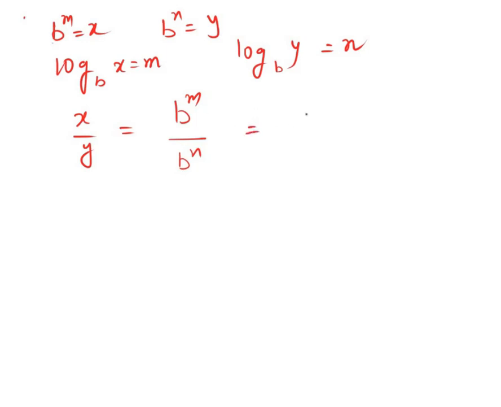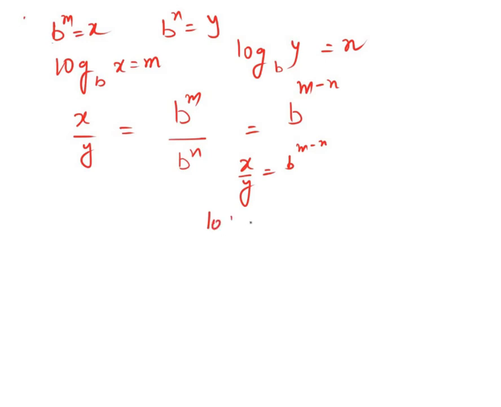So the exponential laws tell me that if two numbers of the same base are getting divided, the powers subtract: m minus n. Is that okay so far? So my exponent becomes x over y is b raised to m minus n. Now can I write it in log form again? Yes, I can.